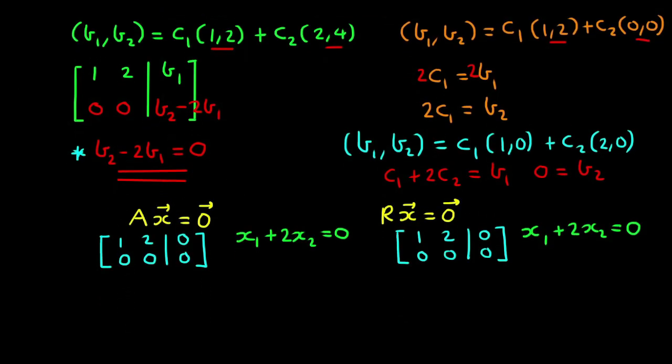So if we designate x2 as some parameter r, then x1 is minus 2 by r. So therefore we can write the solution x1, x2 is equal to r by minus 2, 1.